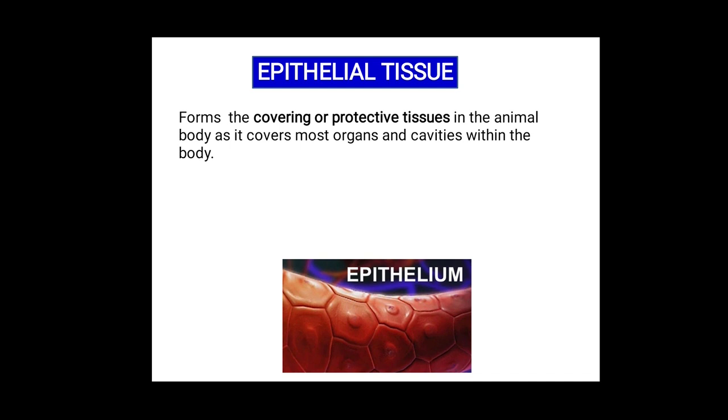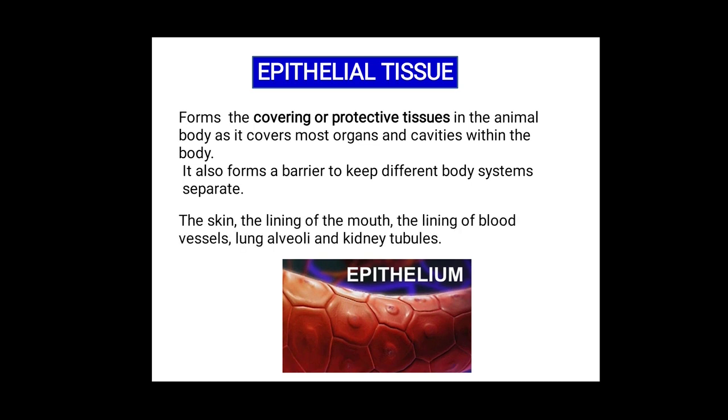All your coverings like skin will be epithelial tissue. Even the coverings of organs and the cavities in the body. So, what is it actually doing? It is separating different tissues and different organs from each other.